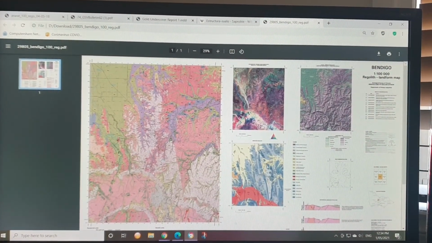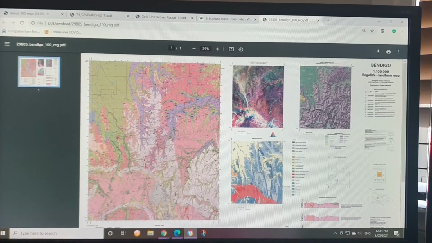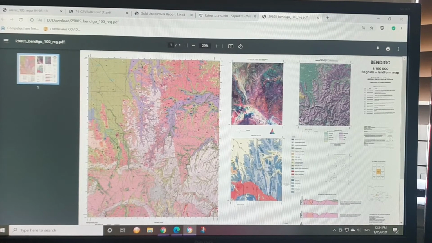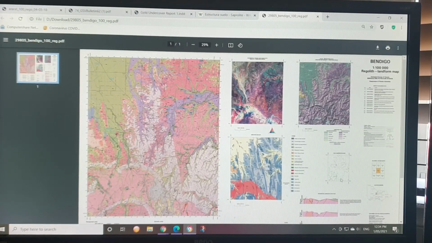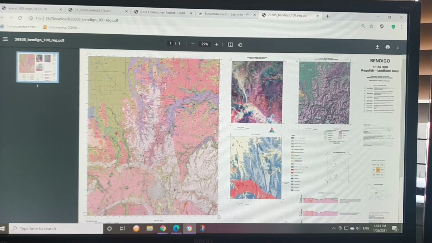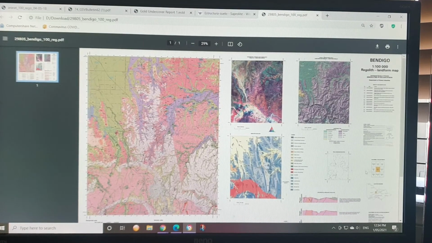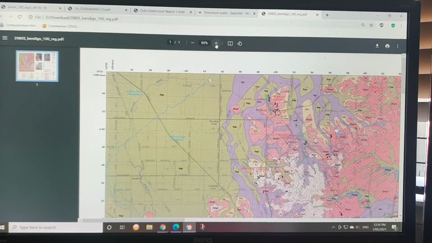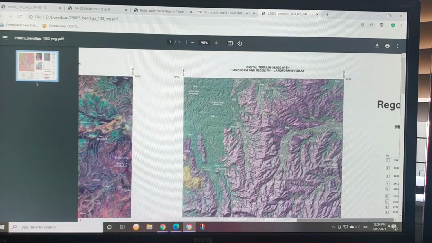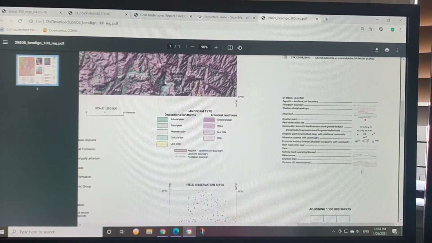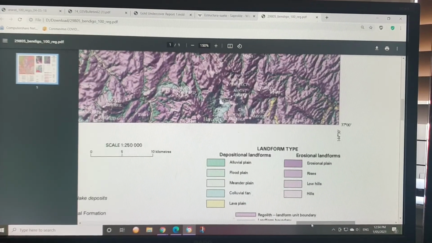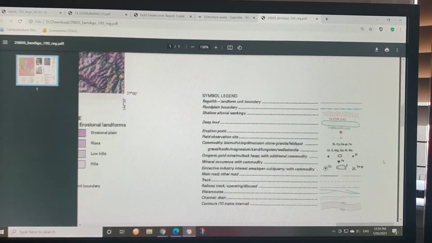So you got the actual rock, the radiometric, regolith observations, and if we go up to 100, we go over here. This one actually has the information. I didn't actually look at that.